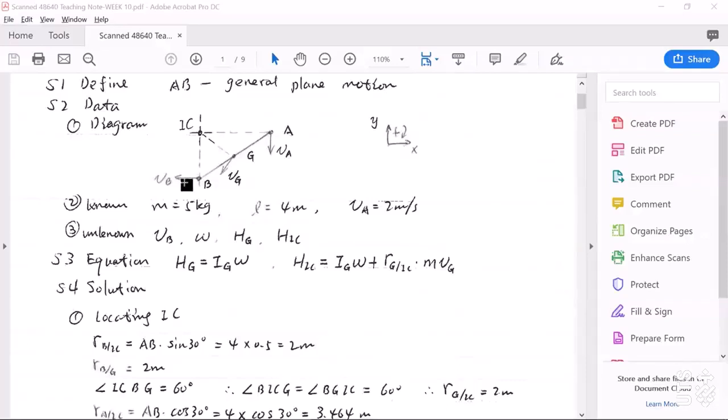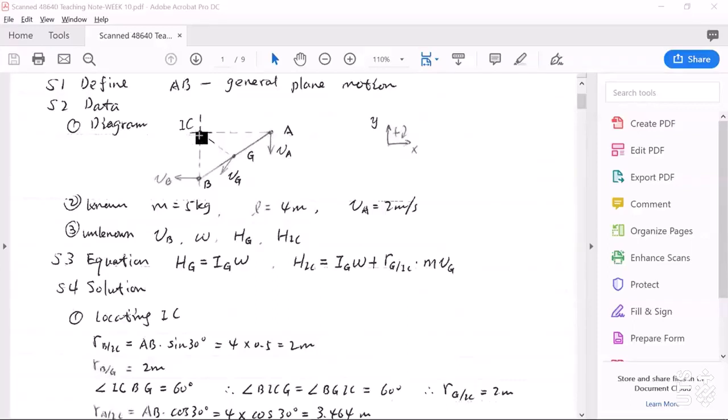So using the IC method, draw a line perpendicular to VB going through point B, and another line perpendicular to VA going through point A. The intersection point will be the IC point.